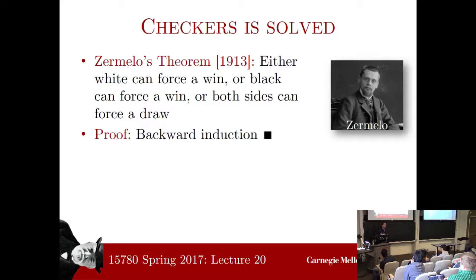When you do backward induction, which ultimately tells you what you can force at the root, like which payoffs the players can guarantee to themselves, every time you take a pair of payoffs and propagate them 1 level up, the only possible pairs of values that can propagate are 1, -1, -1, 1, and 0, 0. So ultimately one of these 3 combinations will propagate to the root, and that will be the value that both players can force.